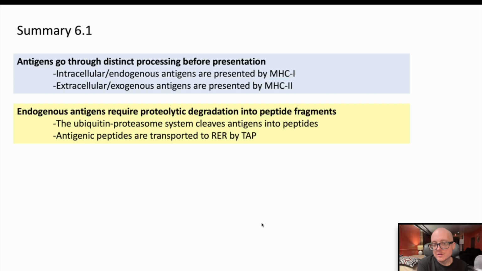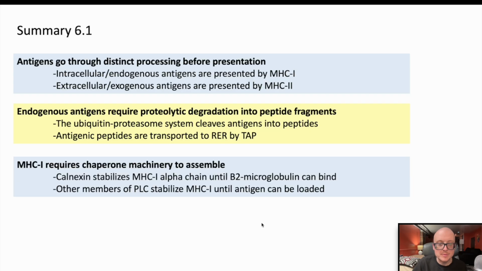Endogenous antigens, however, are processed primarily through proteolytic degradation by the immunoproteasome complex, which will chew up ubiquitinated proteins in the cytoplasm. And once they are cleaved by the immunoproteasome, they are transported into the lumen of the rough ER by the transporter molecule TAP.